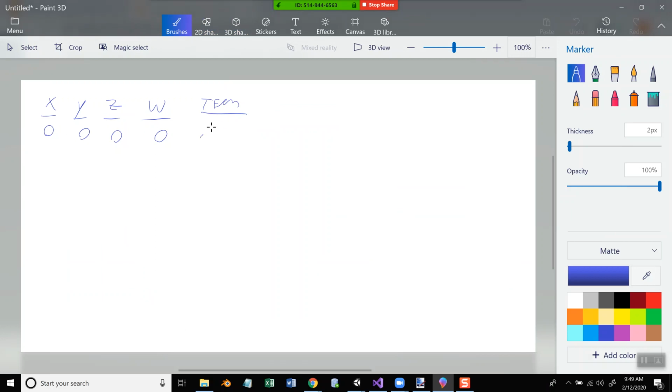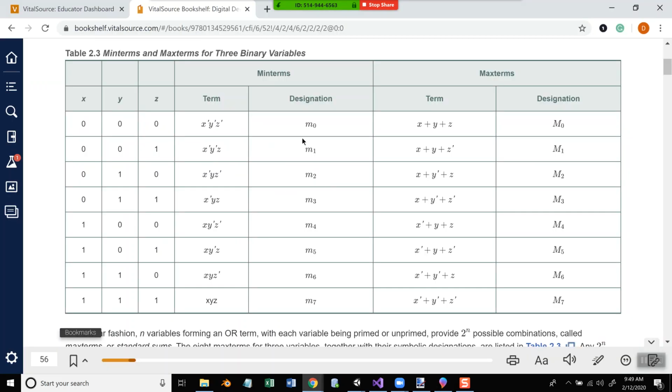So this would be X prime, Y prime, Z prime, and W prime. If I had something that looks like that, I'd have X, Y prime, Z, W prime. So nothing too hard in terms of that notation. Now the minterms were represented by little m.